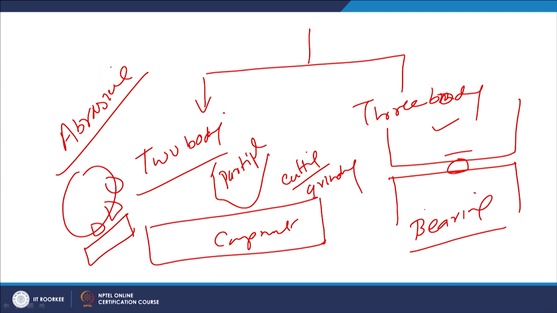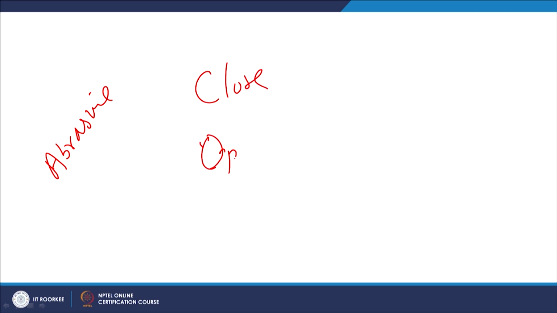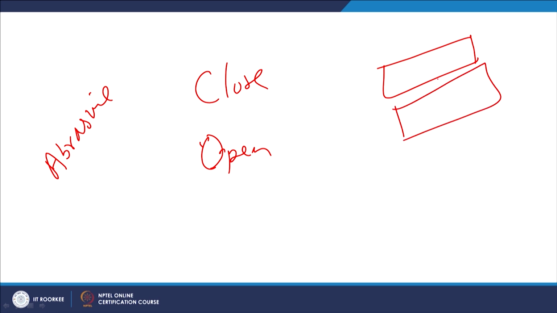Now, there are other ways of classifying abrasive wear, like closed or open type. In closed type, between the two components, the hard particle is constricted or restricted, or like in the case of the grinding wheel, where abrasive particles are fitted and they are rubbed against the workpiece.